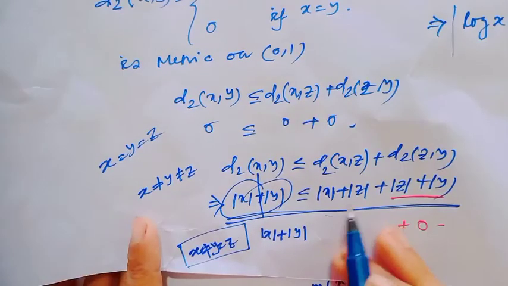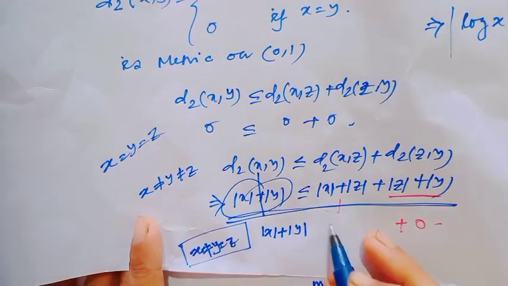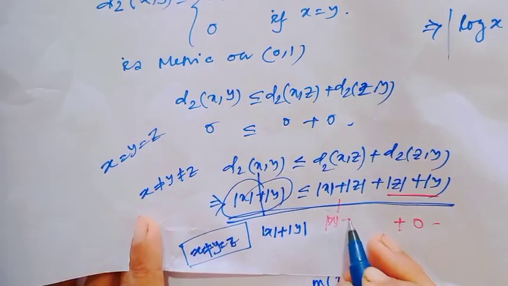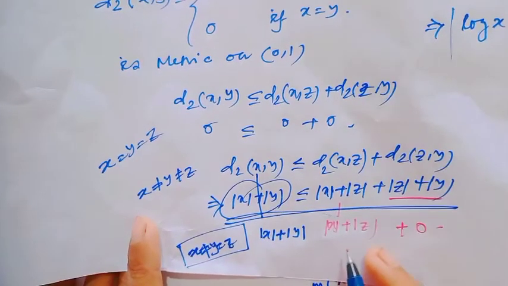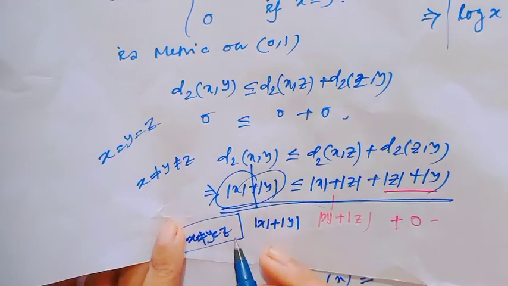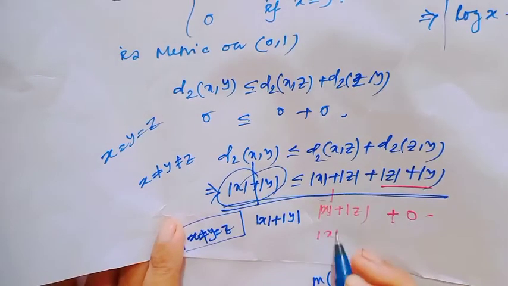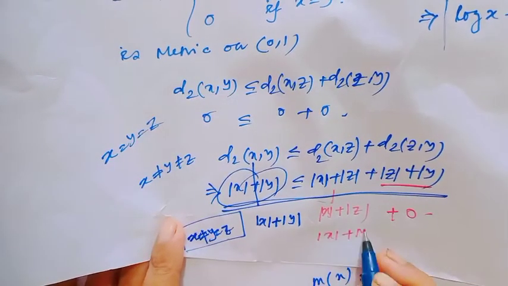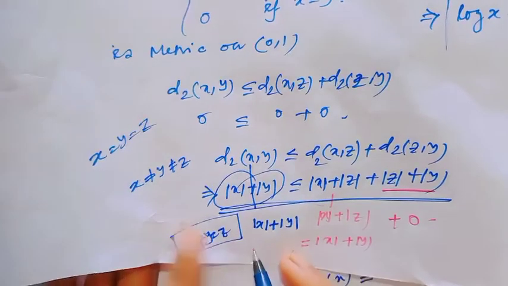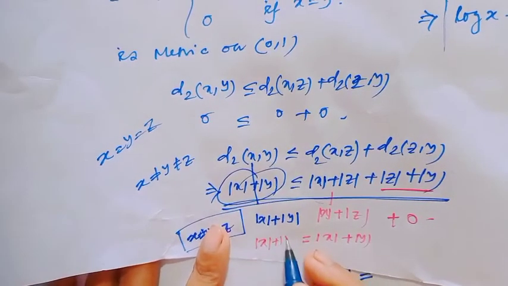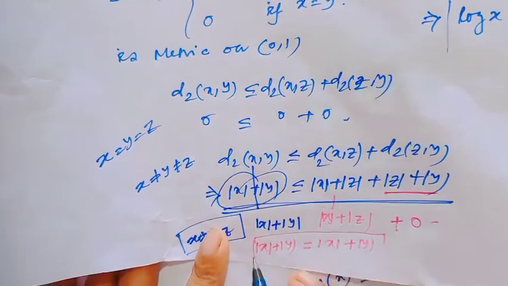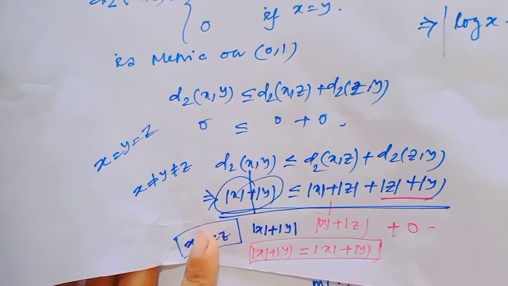Here also this part is not equal, so this part would be mod of x plus mod of z, and here y equal to z, so we can write this as mod of x plus mod of y. That means obviously mod of x plus mod of y equal to mod of x plus mod of y.